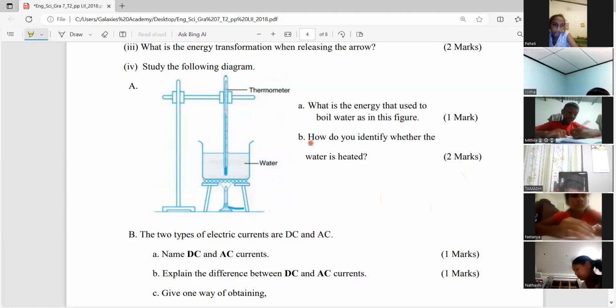Okay, then part B. How do you identify whether the water is heated? How can you identify? Indicate using this approach: the thermometer. The indicator of the thermometer goes up.